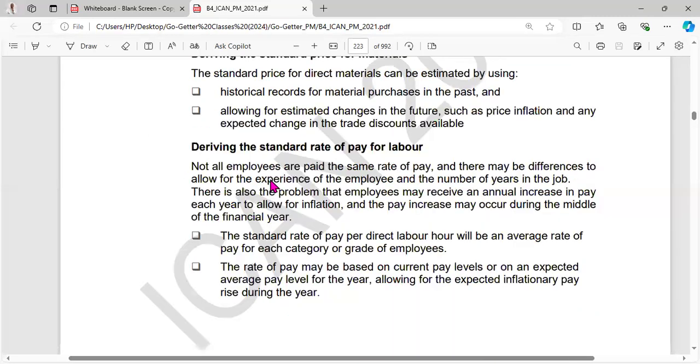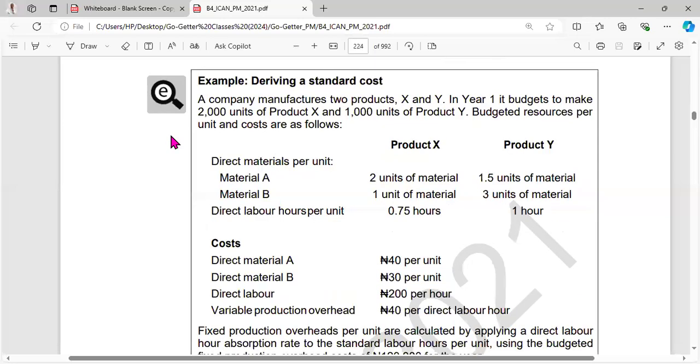Let's look at deriving a standard cost here. Now let's see. A company manufactures two products, X and Y. I'll call it bread and cake. In year one, it budgets to make 200 units of product X, I'll call it bread, and 1,000 units of product Y, I'll call it cake.